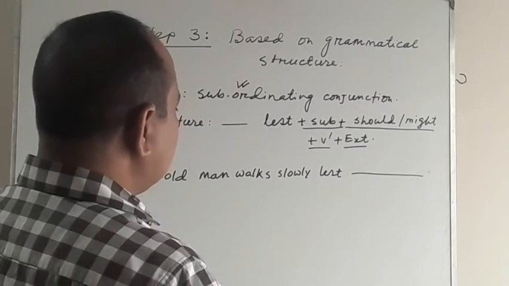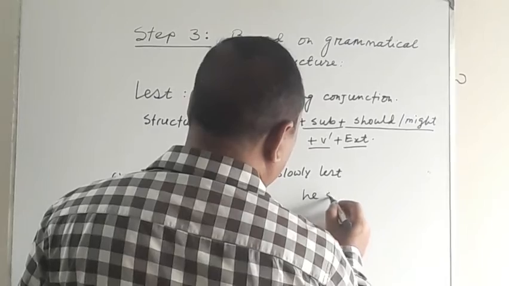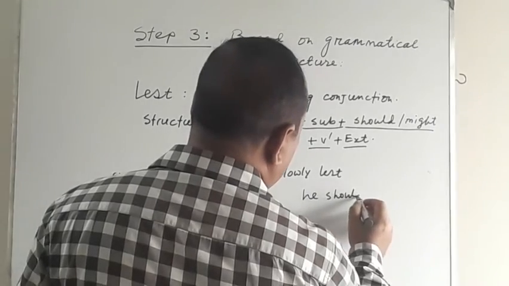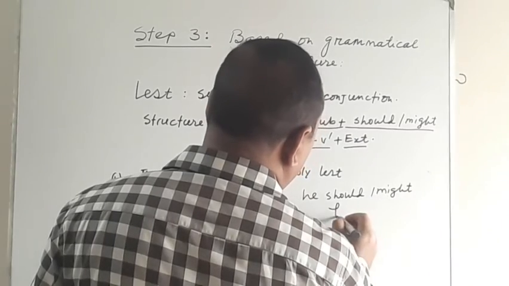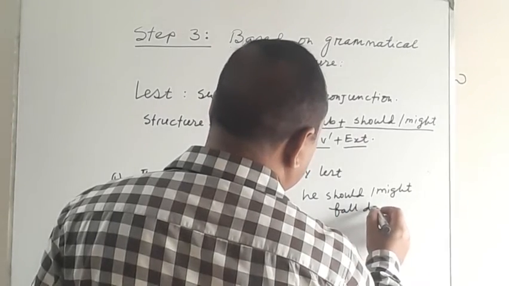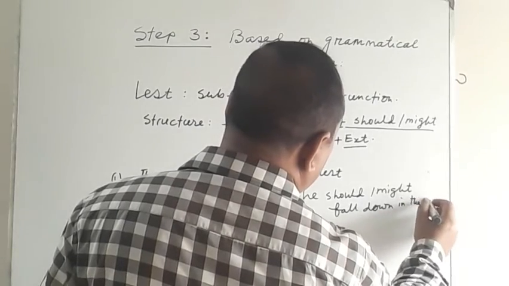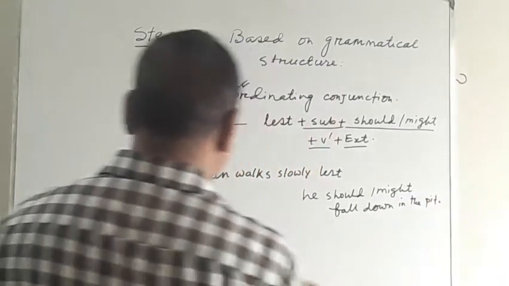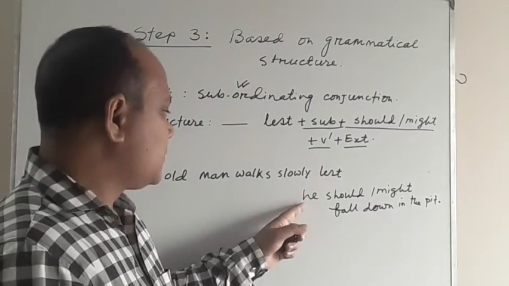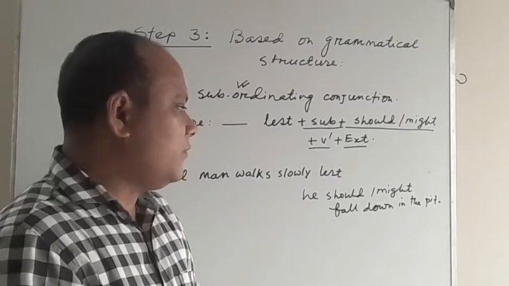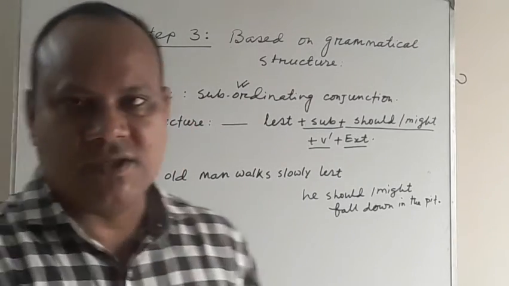The old man walks slowly lest, so we can easily write here, he should or might fall down in the pit, means hole. So look at the sentence. The old man walks slowly lest he should or might fall down in the pit. So remember this structure.